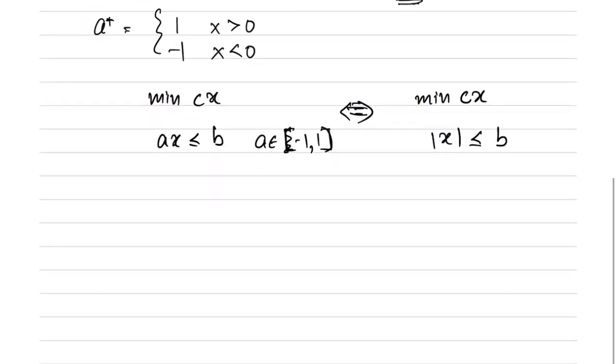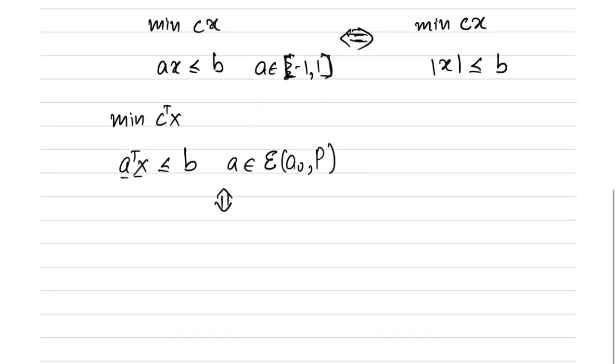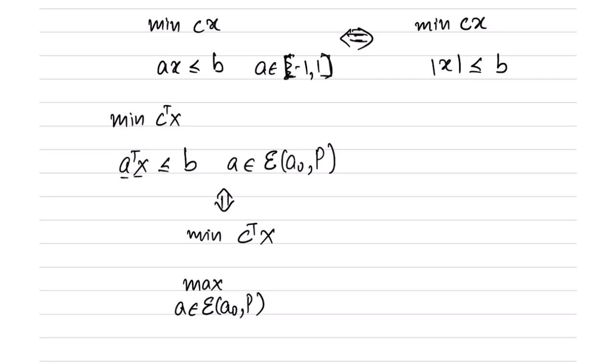Let's say that we have minimize C transpose X subject to A transpose X less than equal to B, where A belongs to this ellipsoid centered at A0 and matrix P. Now, as we have seen, we can write this problem as minimize C transpose X subject to maximum over A in this ellipsoid A0, P of A transpose X less than equal to B. Let me just emphasize this fact.